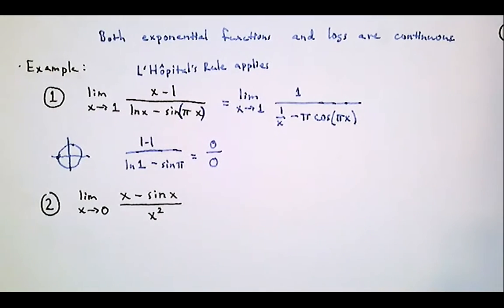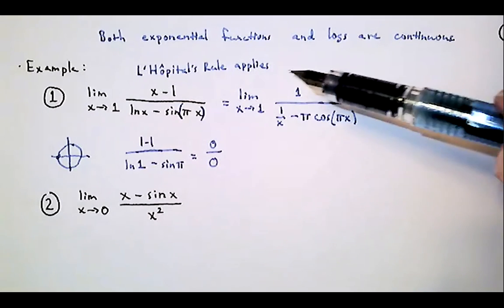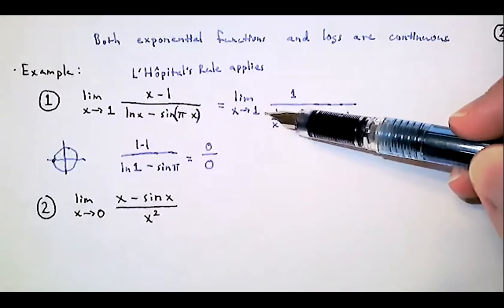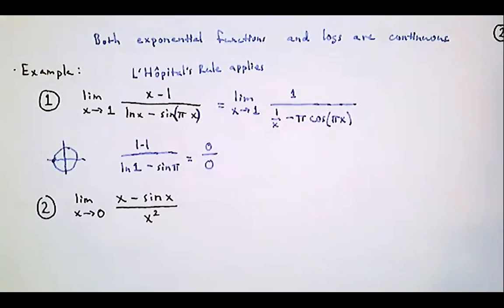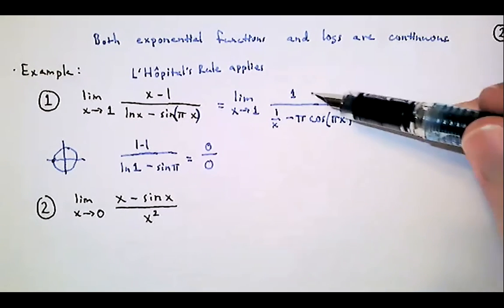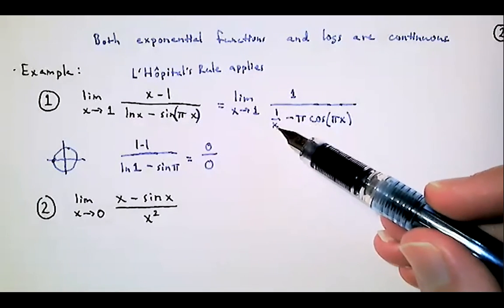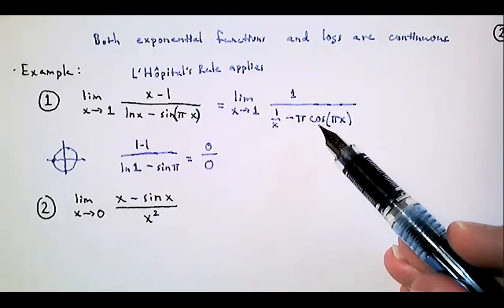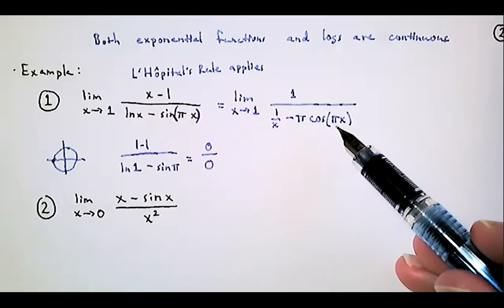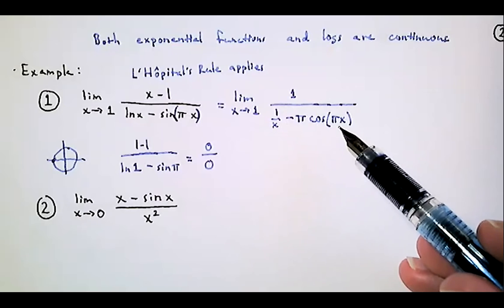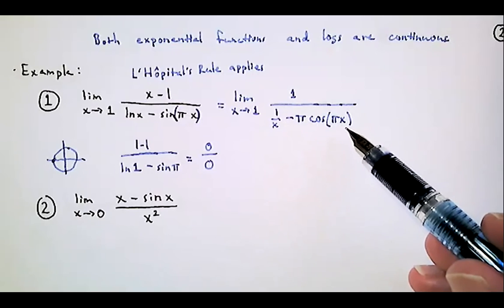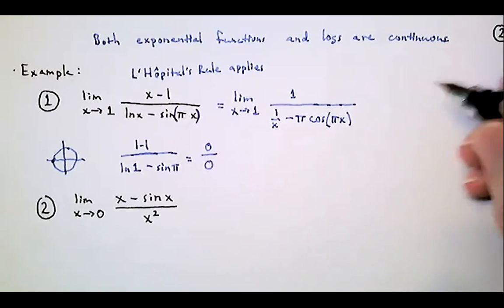Okay, so now what happens if you plug in 1? Are we allowed to do that now? So up top, we'll definitely get 1. Down here, we'll get a 1 over 1. That's fine. What's cosine of pi times 1? Just cosine of pi. It's minus 1, right.